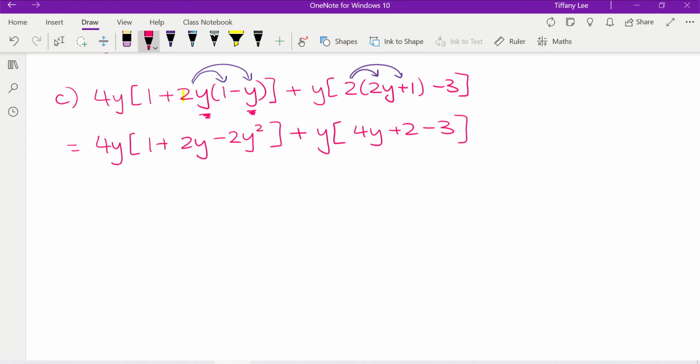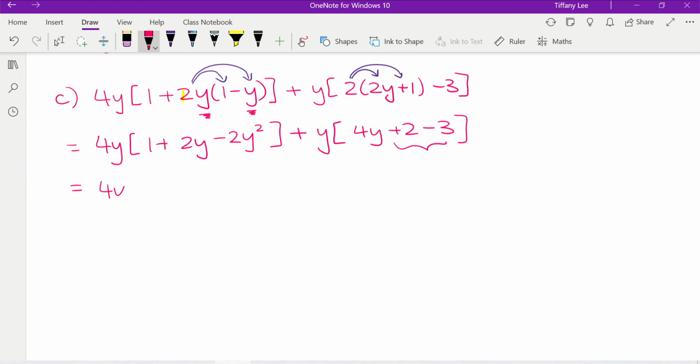All right, let's continue. Now within my square brackets, I notice I can actually simplify the second square bracket here. Right? I have this positive 2 minus 3, so I'm going to do that first. And in this first set of square brackets, I can't simplify it. There's no like terms that I can combine here.